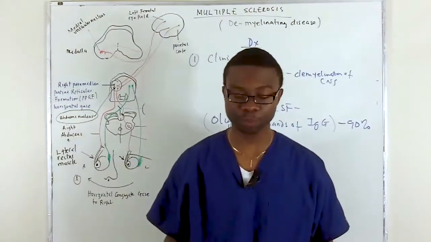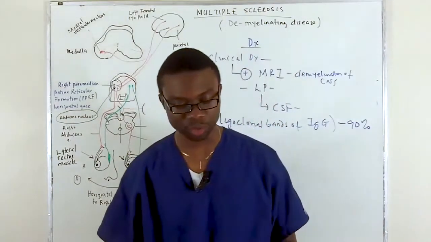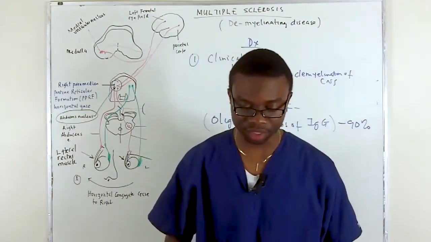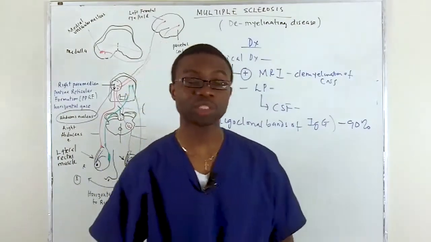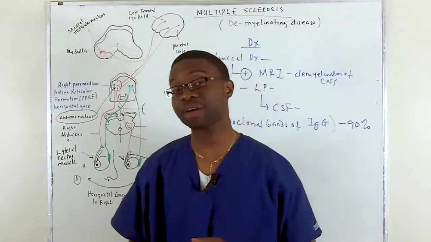Also, evoked potentials can suggest demyelination in certain areas when they test the speed of nerve conduction within the brain. Basically, they're testing how fast the axons of the neurons inside the brain are firing.